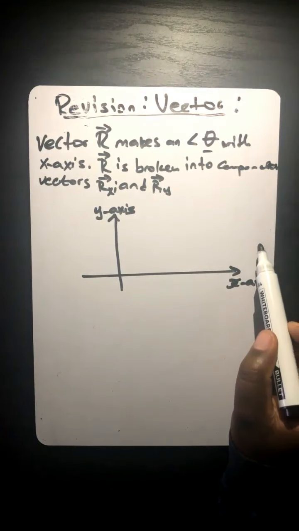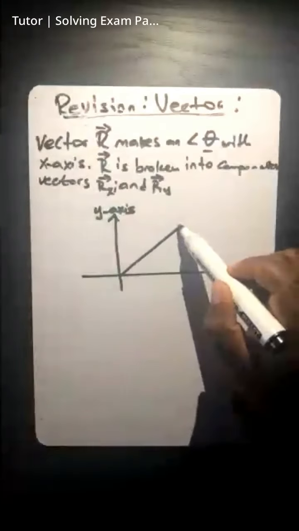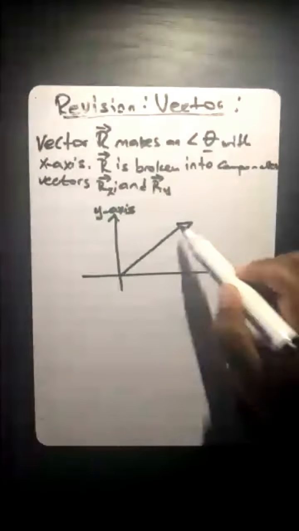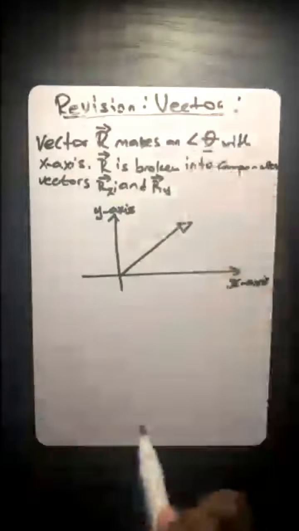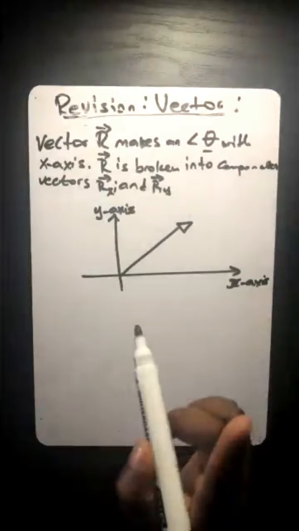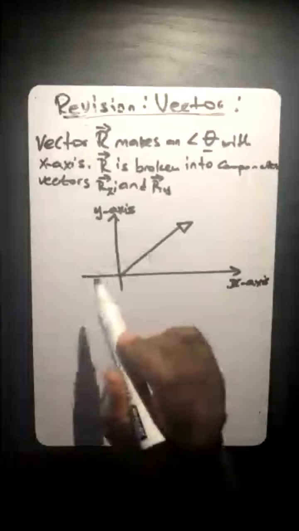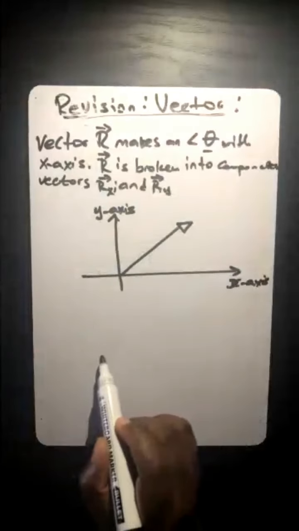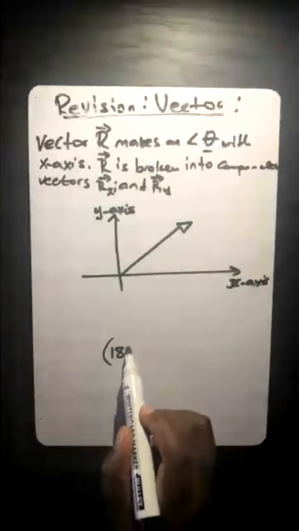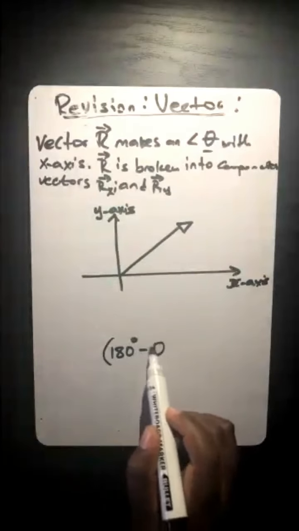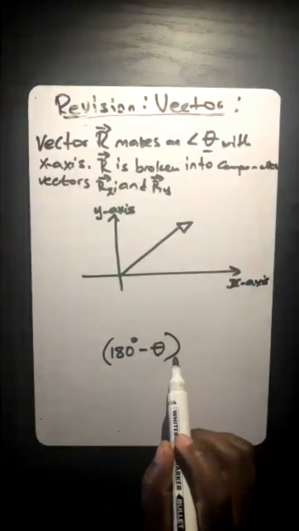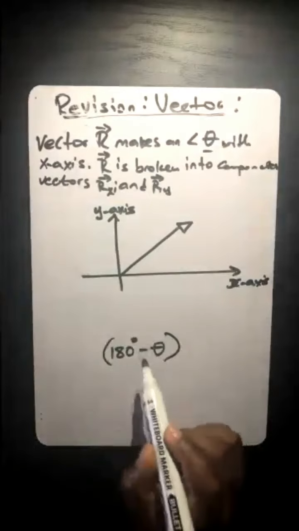So obviously, ladies and gentlemen, we know that that angle is going to be in the first quadrant. Remember, guys, if it wasn't in the first quadrant, based on our previous lesson on trig, it would be expressed differently. For example, if it's 180 degrees minus theta, we know it falls under that quadrant.